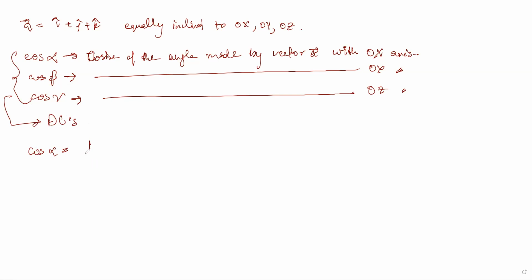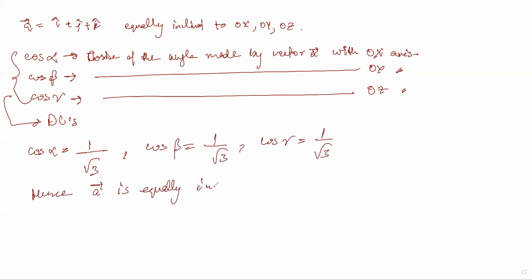So cos alpha is equal to l, which is a by root of a square plus b square plus c square, 1 by root 3. Correct. And similarly, cos beta will also be 1 by root 3. It is equally inclined to all the axes.